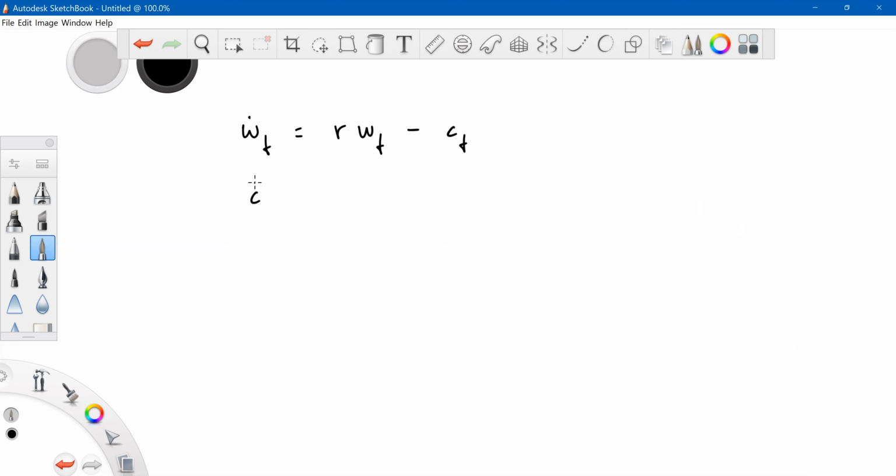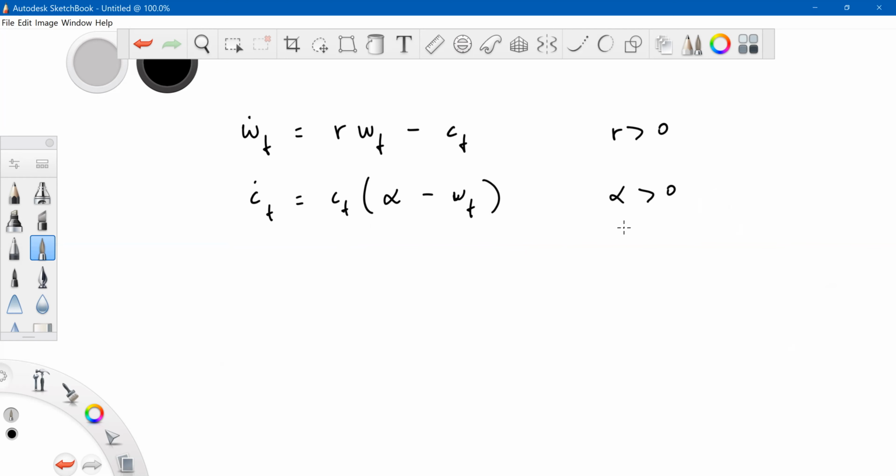And let's say consumption is accumulated in this way: C dot equals C_t times alpha minus W_t. Here R is greater than 0 and alpha is greater than 0.